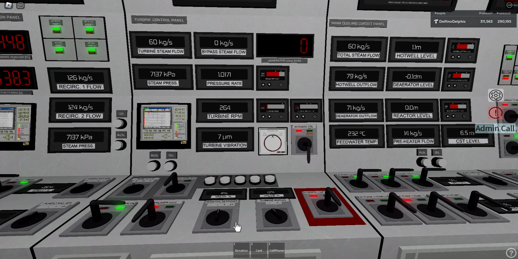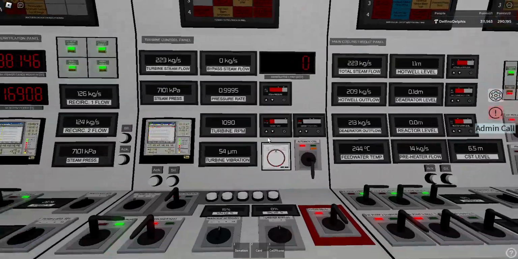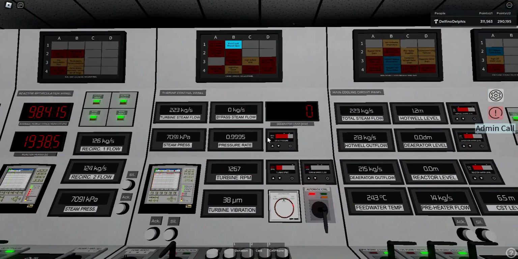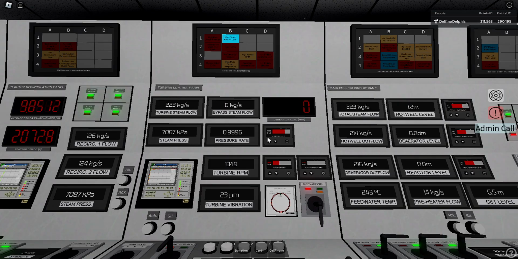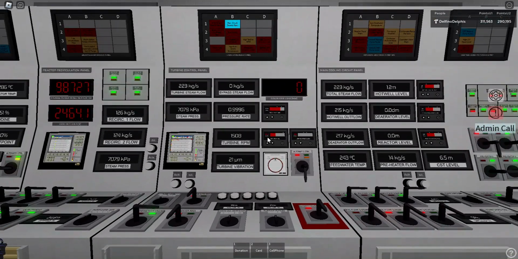You see the pressure is rising pretty quickly now as I close the bypass, so let me open the turbine valve more. This is important, you want to control the pressure here. Once you open the turbine valve more, the turbine accelerates quicker. I'm speeding up the turbine too quickly, so it's vibrating, but this doesn't really matter in unit 1 because it won't break the turbine.